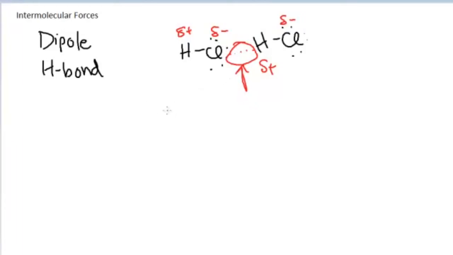This explains how we see liquids and solids in substances that have dipole moments, in polar molecules that are samples of substances, because since there is this force of attraction between neighboring molecules, as long as we get to low enough temperatures, this force of attraction causes the molecules to come closer and closer to each other and therefore condense into liquid if they were in the gaseous state, or even freeze into the solid state.